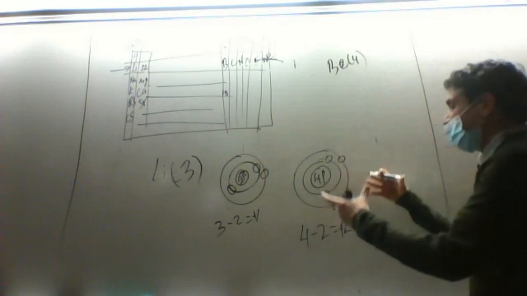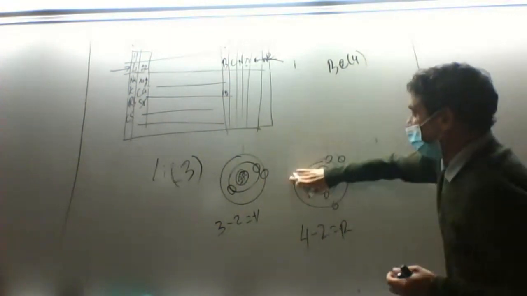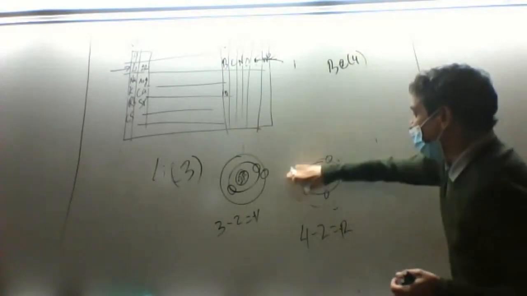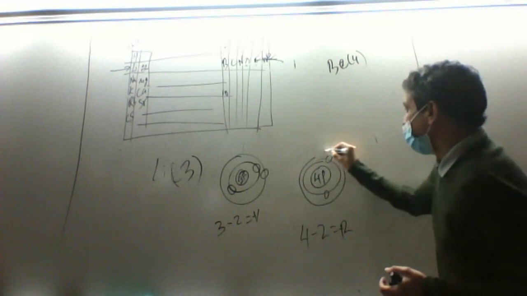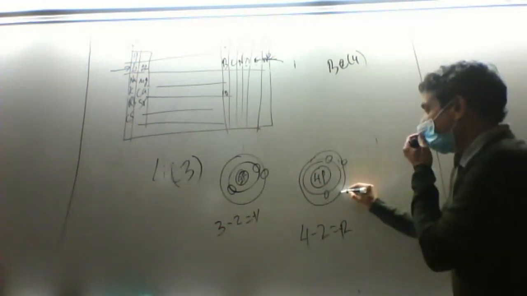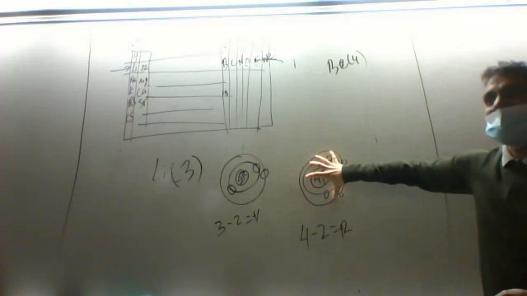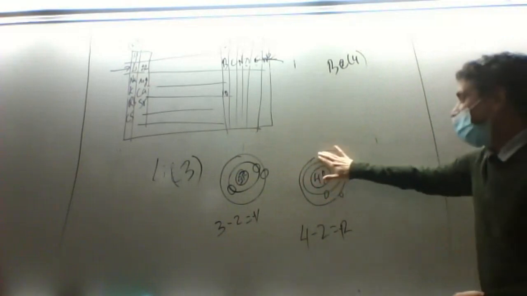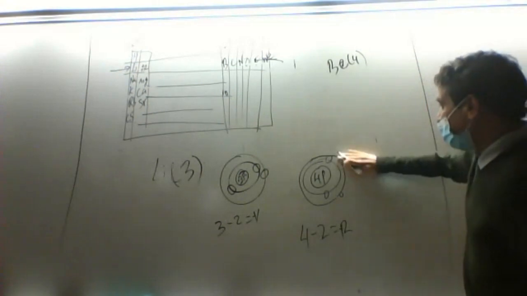But since these 2 electrons are attracted by more force here, this electron orbit becomes contracted. They experience too much force, so these electrons go toward the inside. You see that? So this was bigger and this becomes smaller. So the second orbit now becomes small.